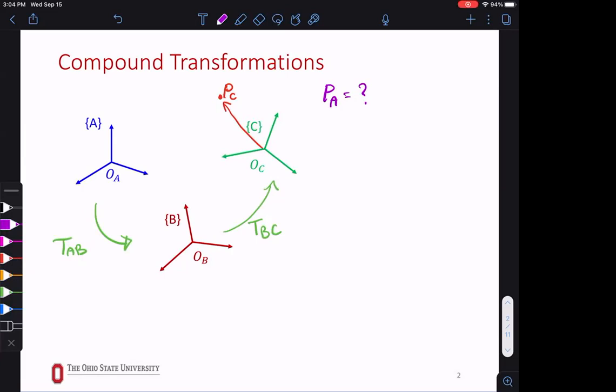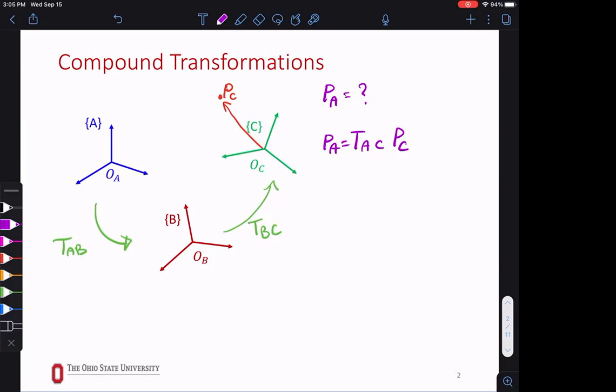Now, if I say P_A is going to be T_AC times P_C. So remember, for rotation, if you wanted to find a position from a different frame, you write the rotation matrix from that frame pre-multiplied by the position of that point. Same thing for transformation. Transformation is just rotation and translation together.